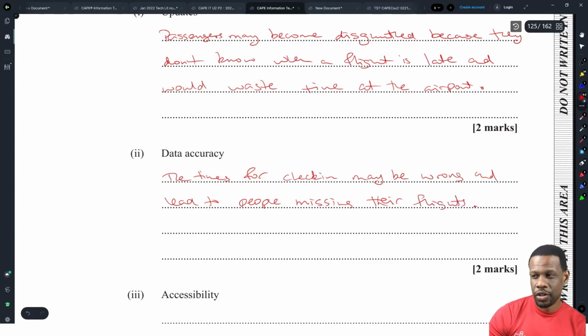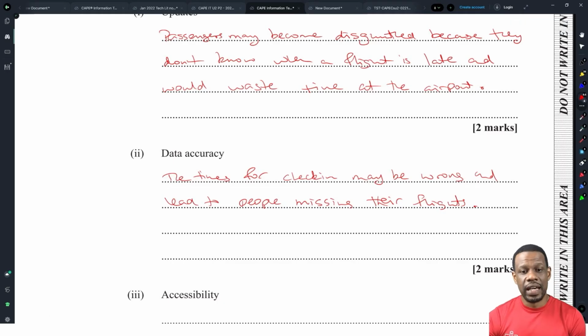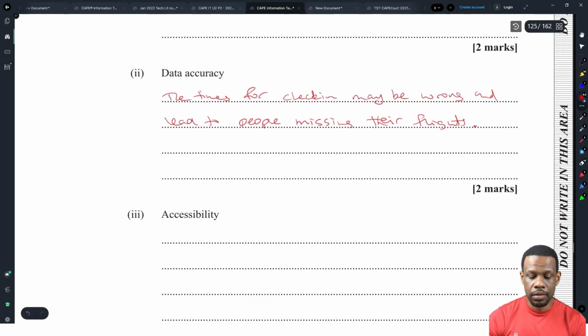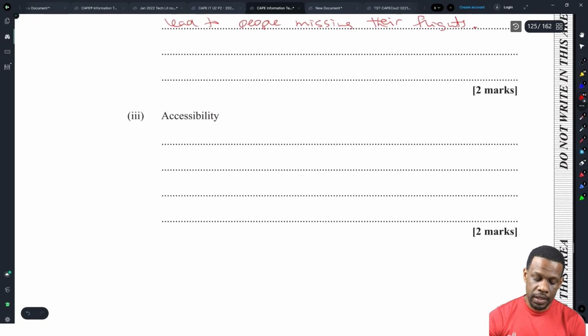Missing their flights. They can have all sorts of other data that could be wrong, like missing the flight data, the time, the gate, all that stuff.